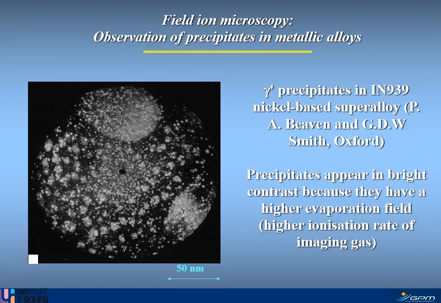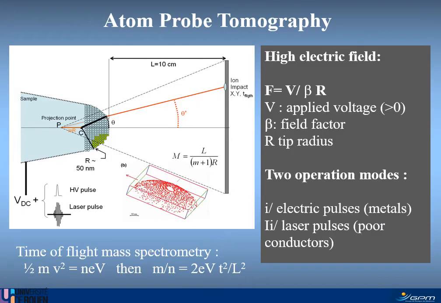So this is the reason you've got this contrast. And this contrast is important because you will be able to localize the precipitates, to have a picture exhibiting the presence of precipitates.